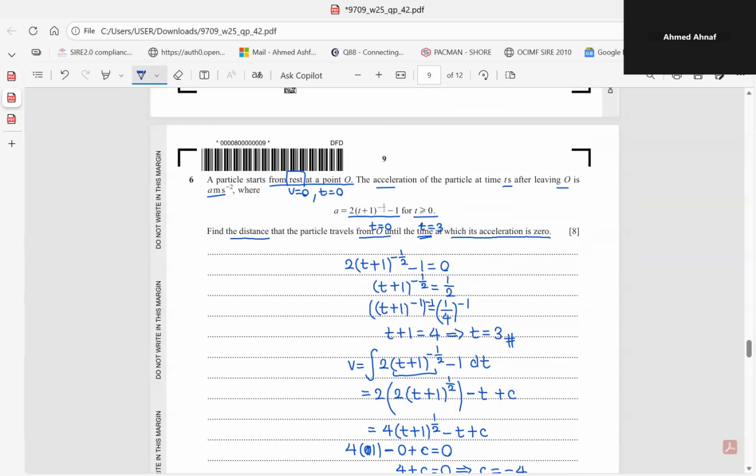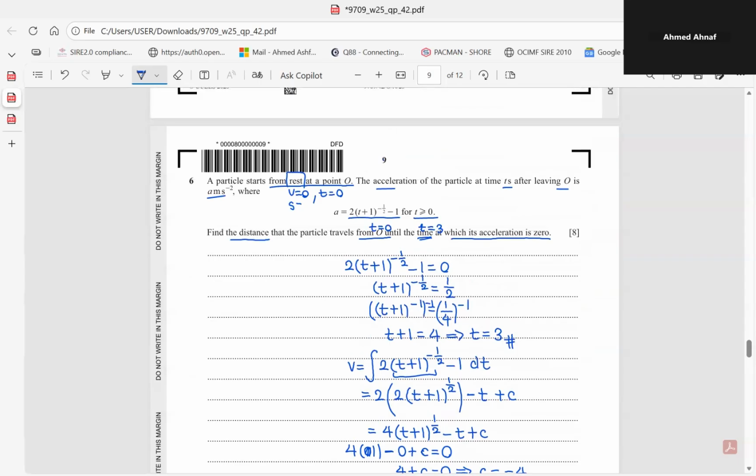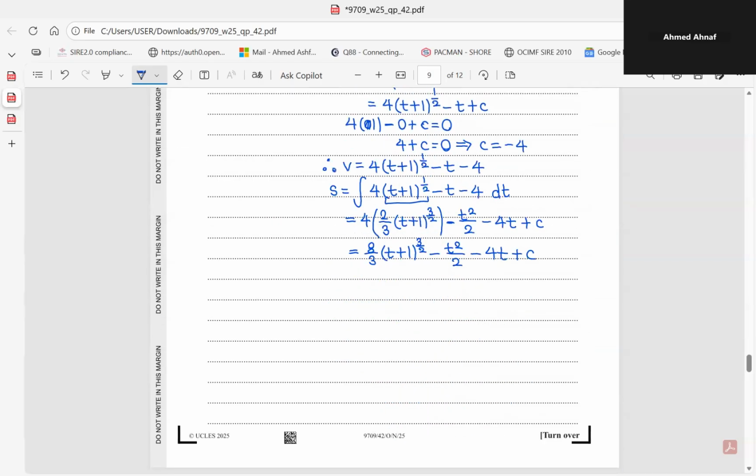Okay, so at point O, we know s equals 0 when t equals 0. So when t equals 0, you get 8 over 3 times 1 minus 0 squared over 2 minus 0, so all 0, plus c equals 0.